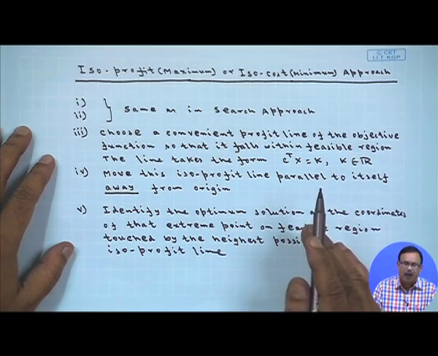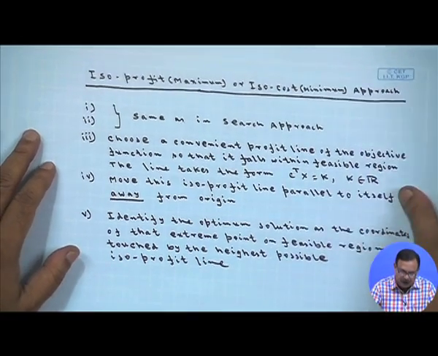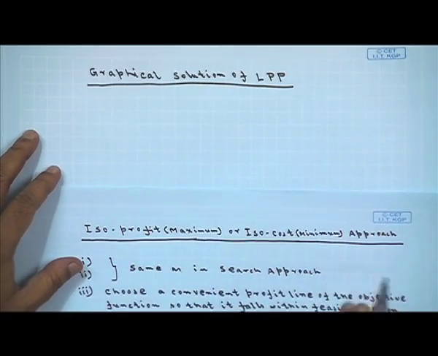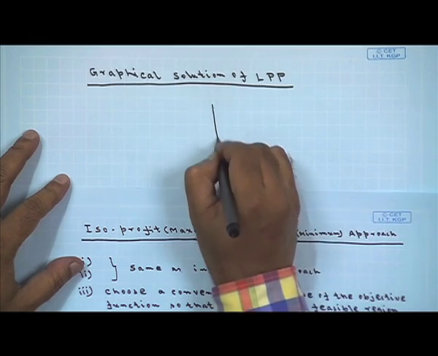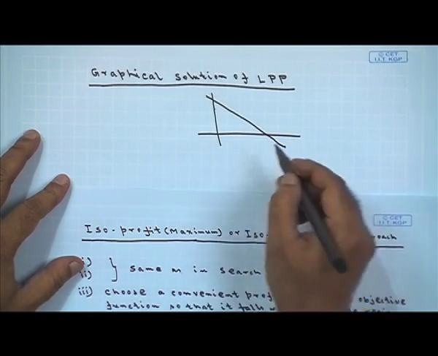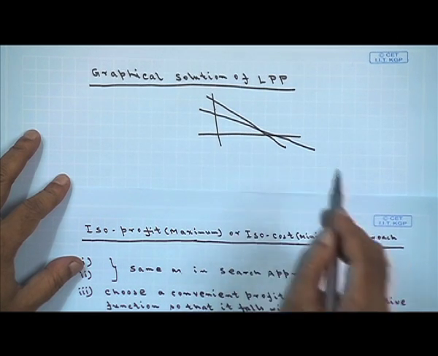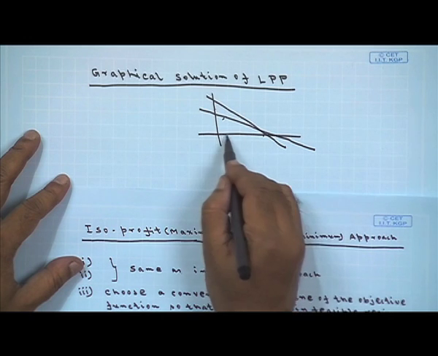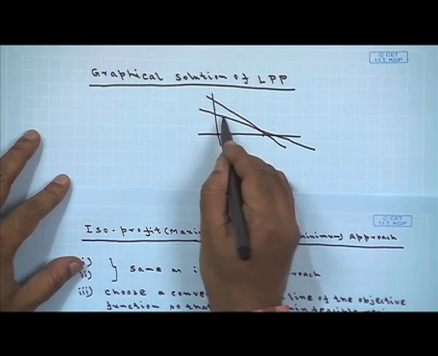That means, as I told you, if you remember this thing, we were talking about this one. If it is something like this, your feasible region is this one, here, here, here and here.